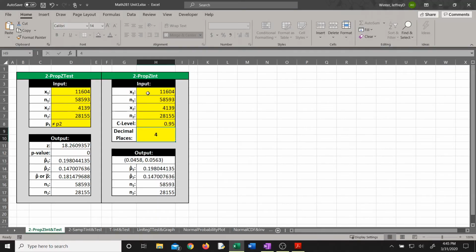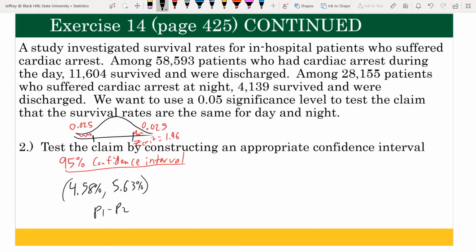This confirms that we are going to use a 95% confidence interval. So our confidence interval is going to be 4.58% and 5.63%. Notice that in this case, both numbers happen to be positive. So this tells me that if I was to set p1 minus p2 to be between these numbers, this would suggest that p1 minus p2 is again positive.